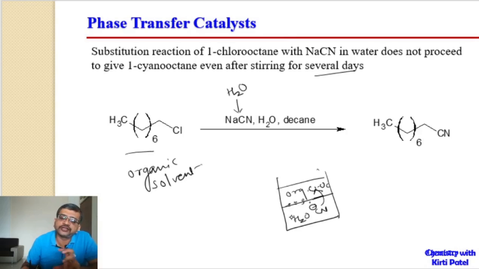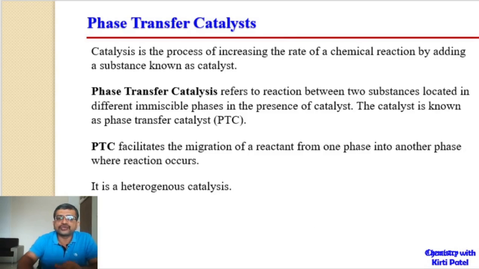If we can bring a certain material whereby the reagent can be brought into the organic layer, or the reactant may be brought into the aqueous layer, then the reaction will become faster. So we need such catalysts. We know that catalysis is a process of increasing the rate of a chemical reaction by adding a certain substance called a catalyst.